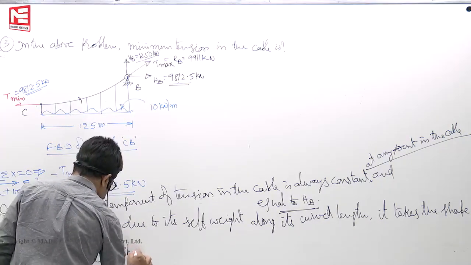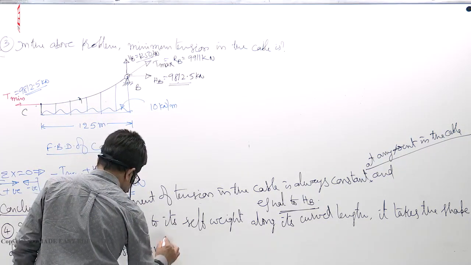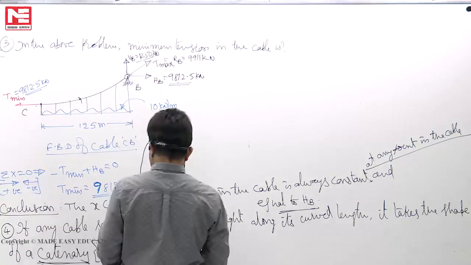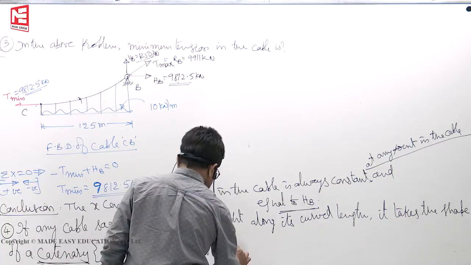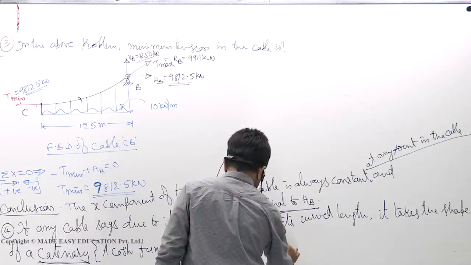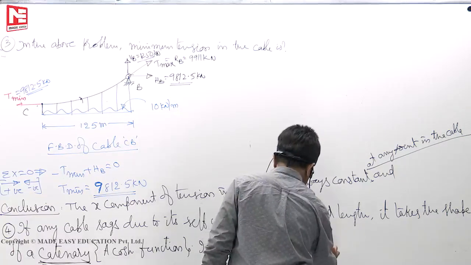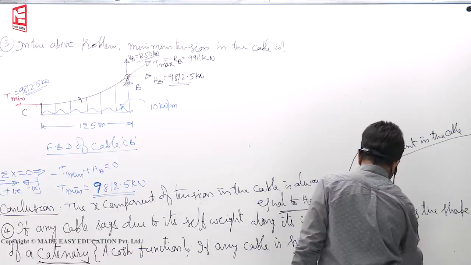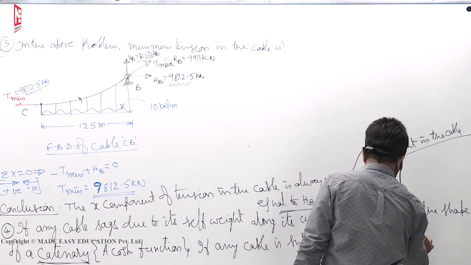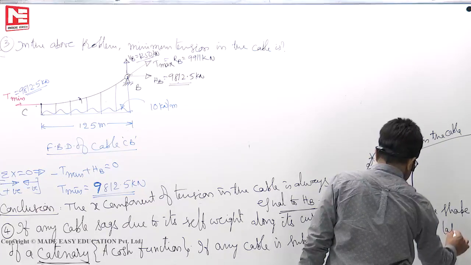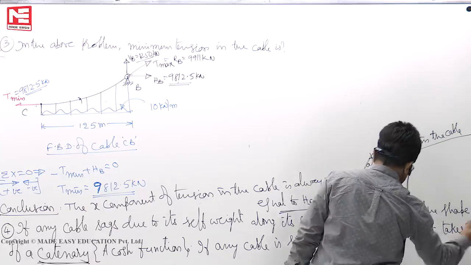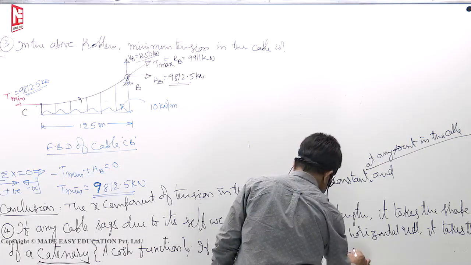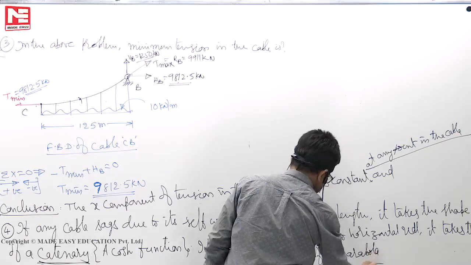If any cable is subjected to horizontal UDL, like in this case, it takes the shape of a parabola.